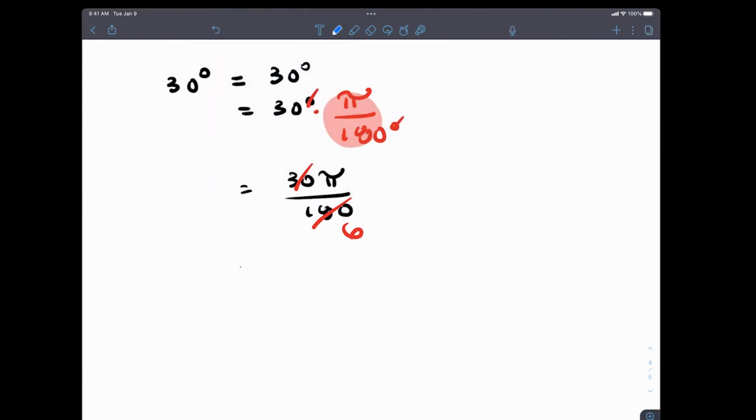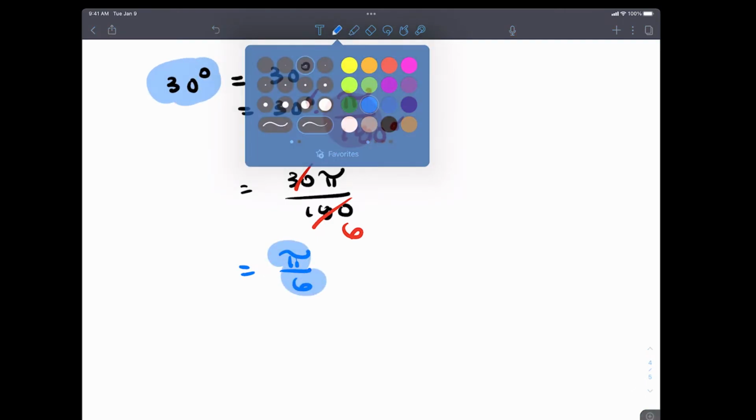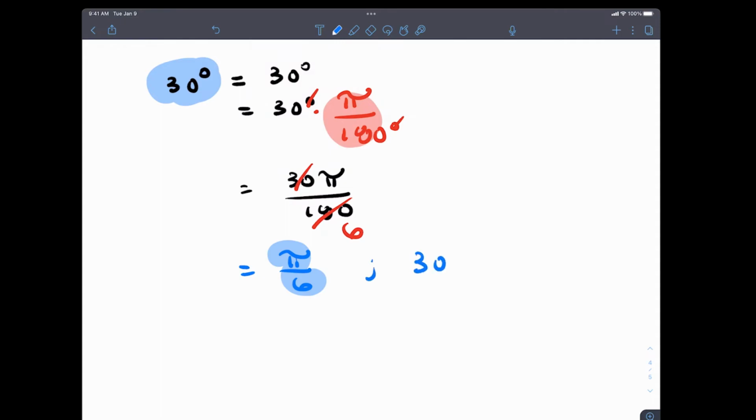So what's your final answer? Pi over 6. So ladies and gentlemen, here's what we did. 30 degrees is the same as what? Pi over 6. Or I should say, the central angle of 30 degrees is associated with pi over 6 radians.